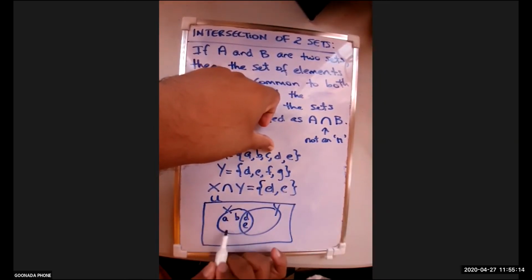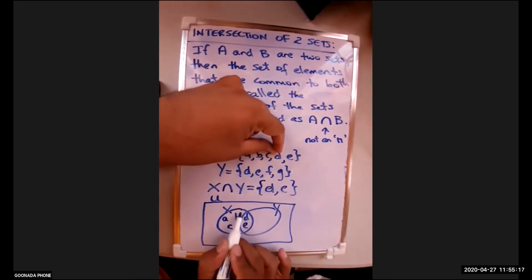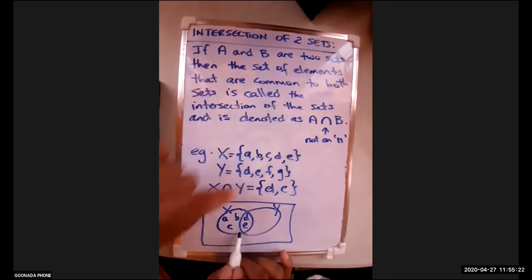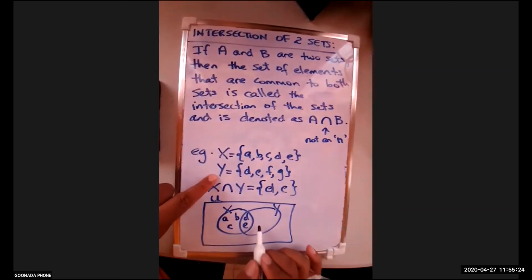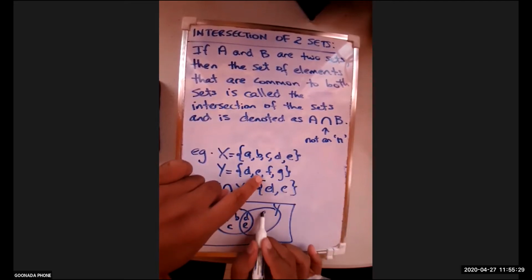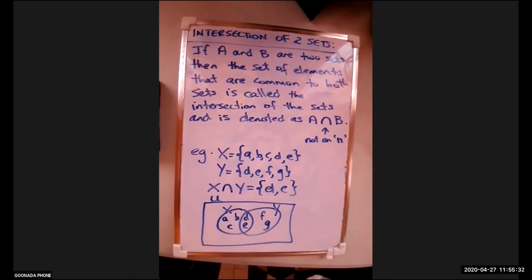Of course, D and E is within X, but it is also within Y, so we don't repeat the elements there. Next, we have Y, which is D and E. So we already have D and E within Y, so what remains is F and G. And that's how we have to do it. Any questions there? No, sir. Okay.